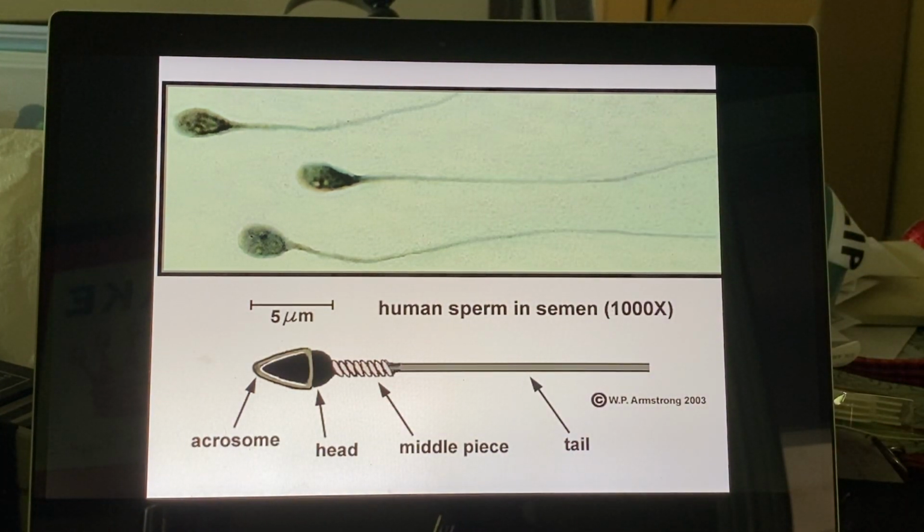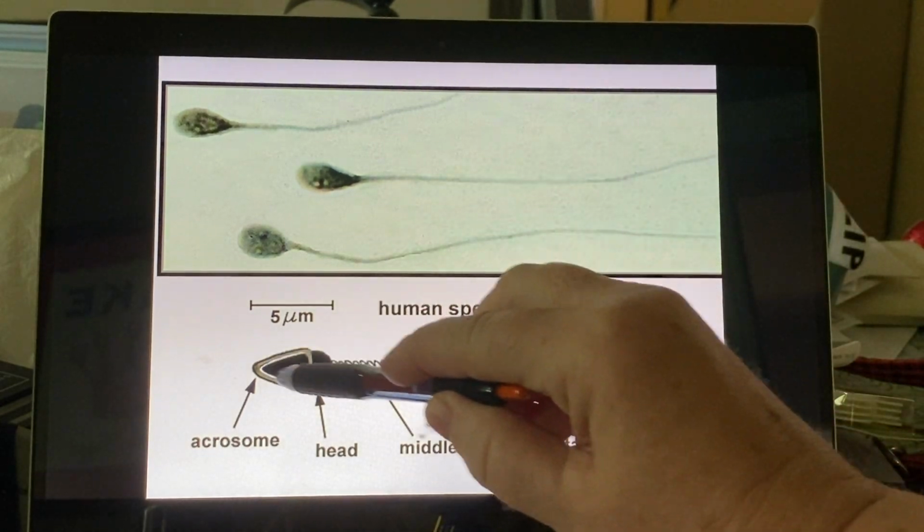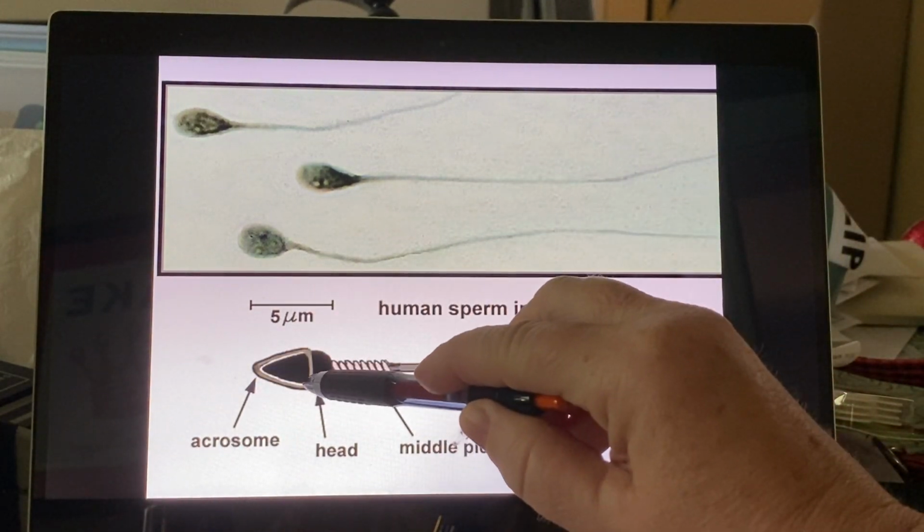The acrosome enzymes are there to help the sperm head actually drill through the very sturdy cell membrane of the egg, which is pretty tough to get through. So it's a way to help that sperm head drill so it can make its way into the egg. Okay, so the DNA that we're going to talk about in the next set of lectures from Dad only comes from the sperm head.